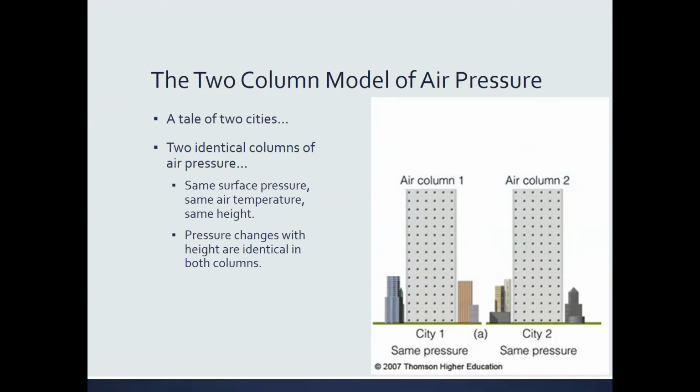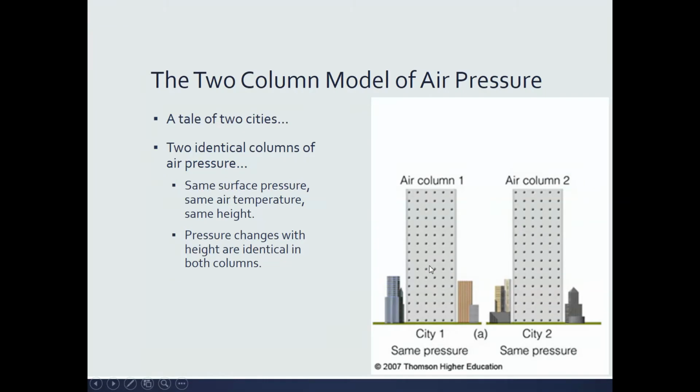Since they are the same height, and since they have the same density, as you rise in the column, the pressure changes are the same. For example, let's say we look at what the air pressure is at this particular height right here, where my mouse cursor is.